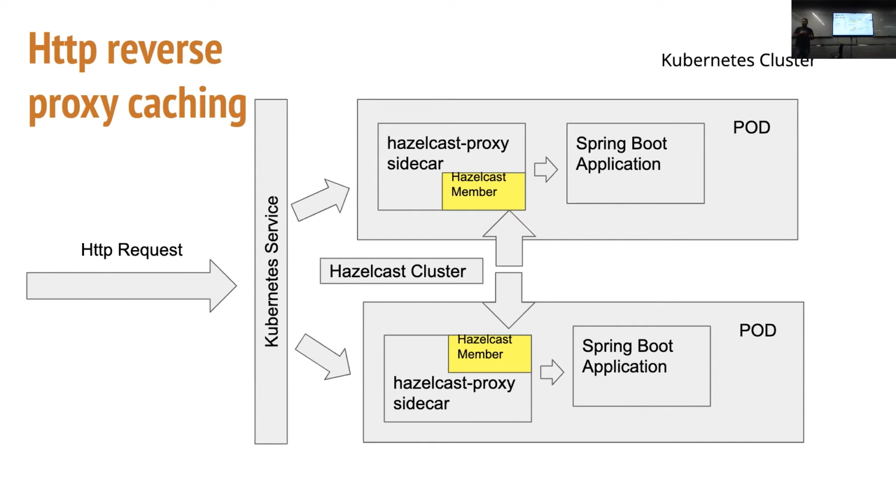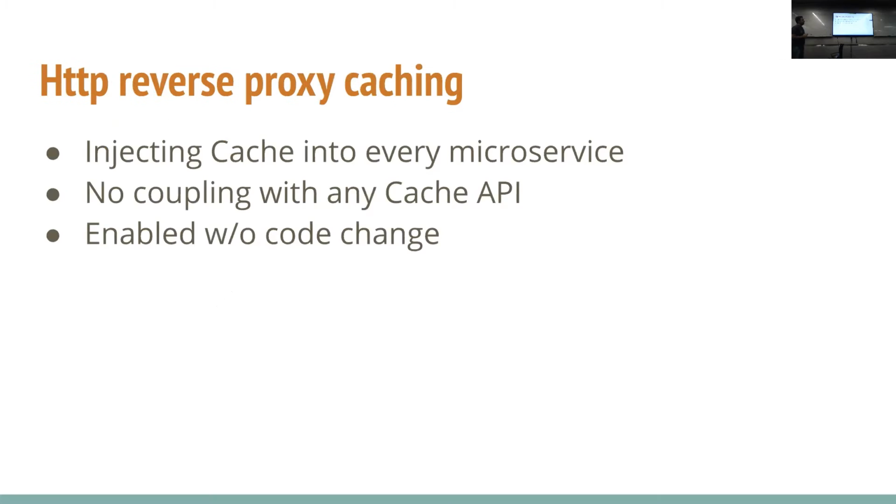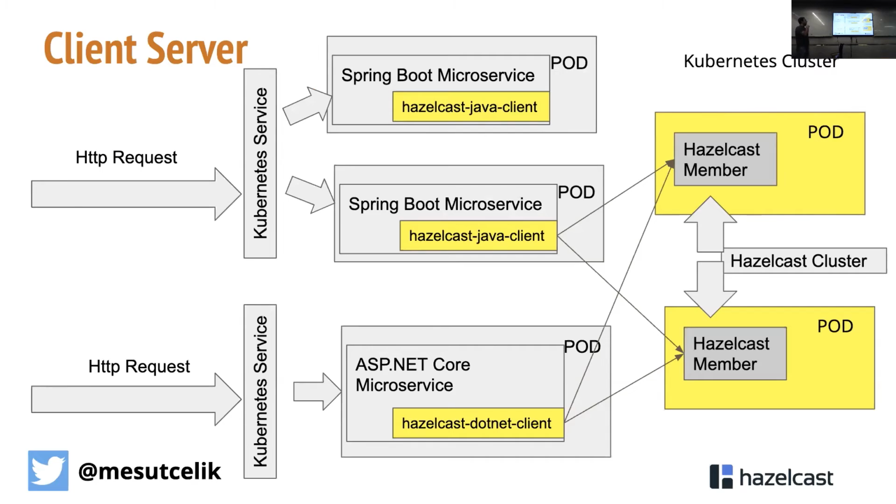When it's merged, probably we will implement this one, and some other caching products will do the same as well. So that's how you can use caching. As I explained, you inject the cache. You don't have to change your microservices code, and there's no coupling with any caching API.